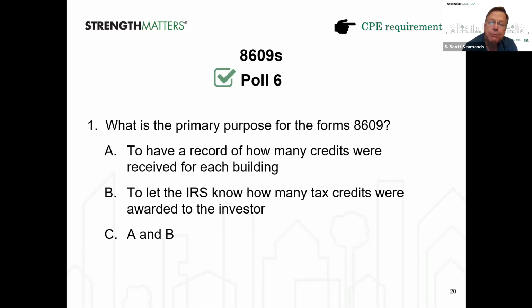But once you start filing your annual partnership tax return, then you would be attaching these 8609s and claiming the credits and reporting it on the K-1 that goes to the investor. And like I said, in that first year, you may be still waiting for the 8609 to be received when the deadline for filing the return has already come.